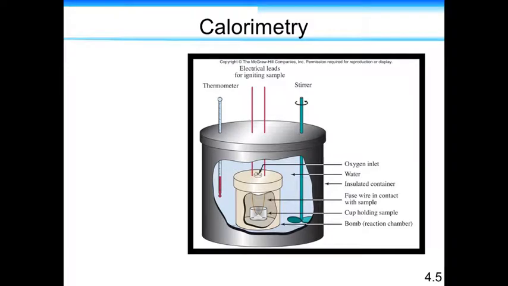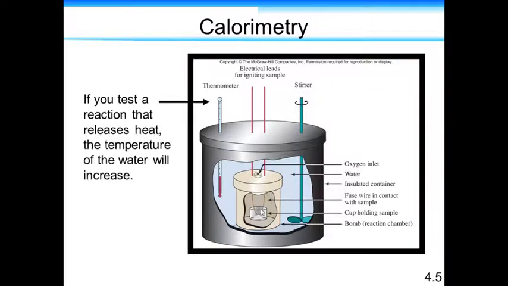So the video mentioned calorimetry, and this is a bomb calorimeter. What happens is there's an internal chamber where you can place the food and combust it, or you can place a chemical reaction, a certain mass of reactants.